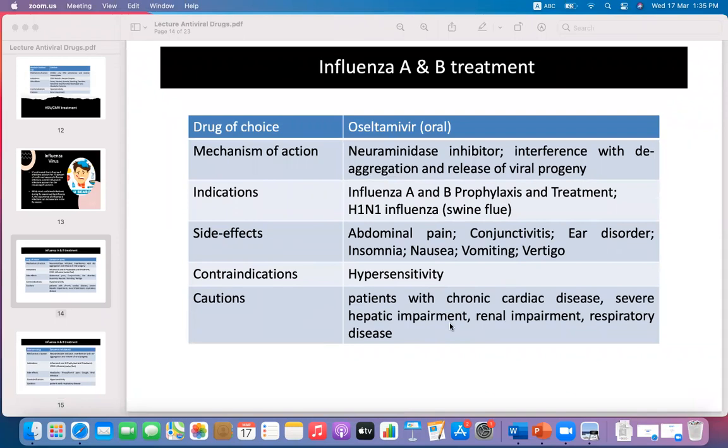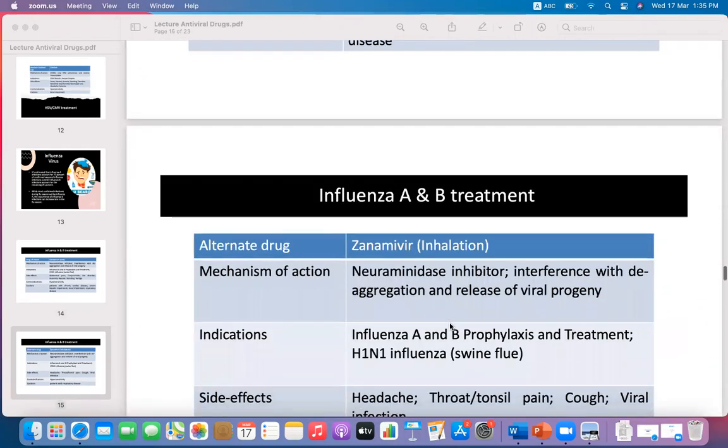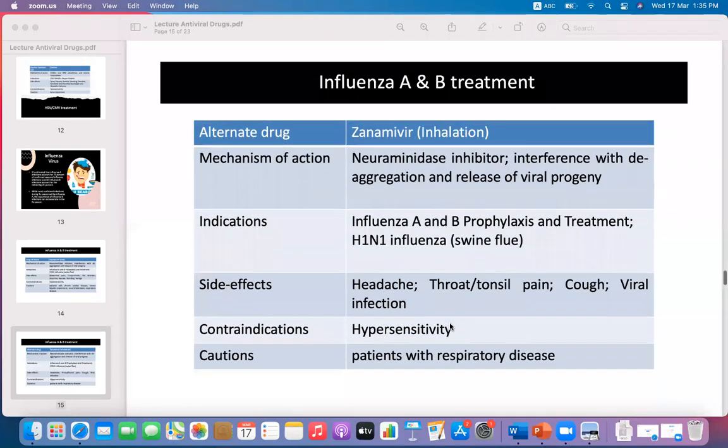So this zanamivir inhalation or aerosol has beneficial effect for the cardiac, hepatic, and the renal patient also.